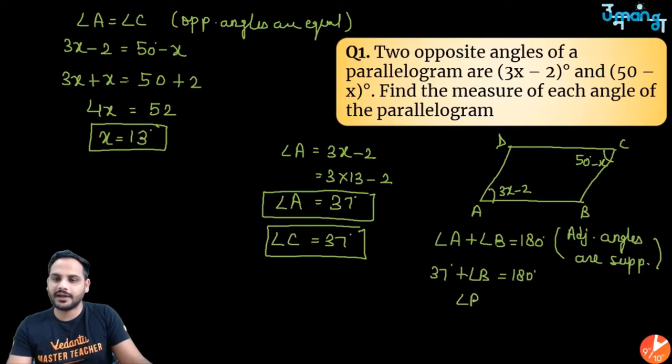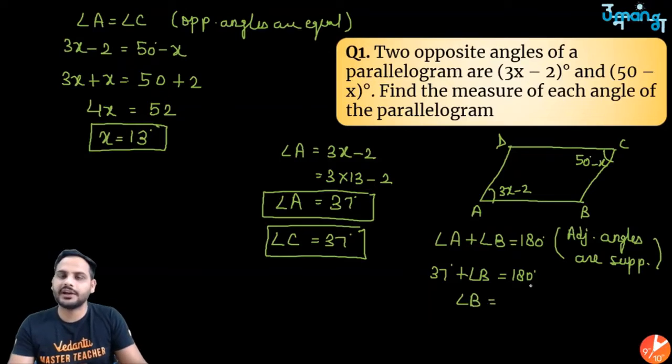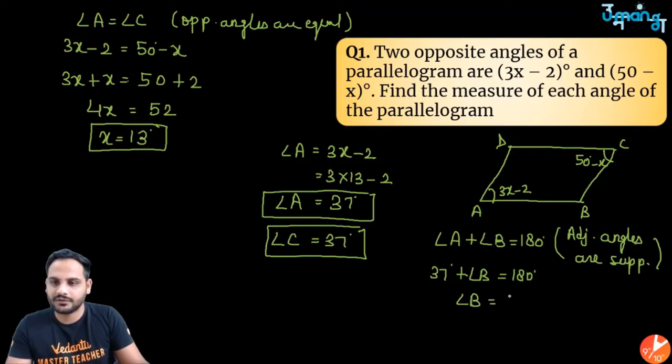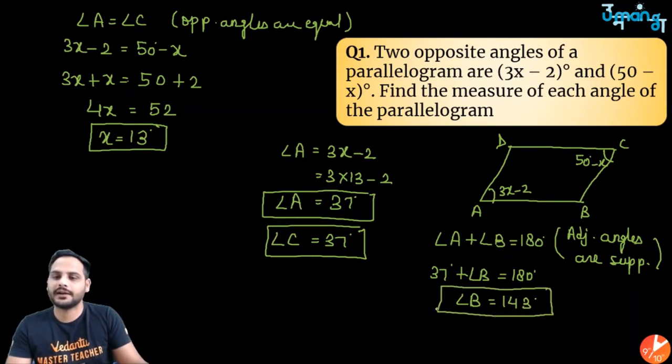So angle B will be equal to 180 minus 37, which is 143 degree. Correct? And since opposite angles are equal, if angle B is 143, angle D also will be 143. So angle D is equal to angle B is equal to 143 degree because opposite angles are equal.